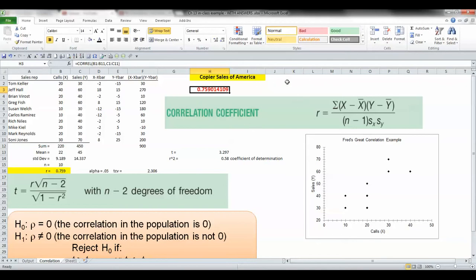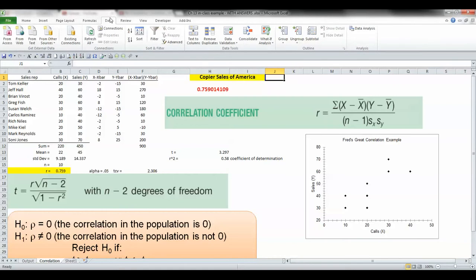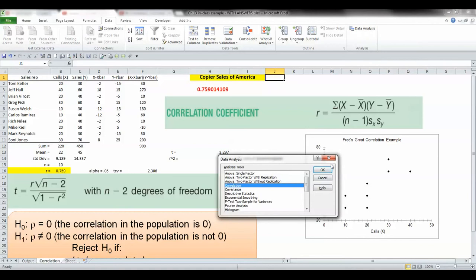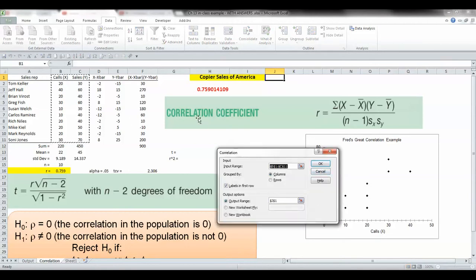Now, another simpler way to do that is if we have the Data Analysis ToolPak installed, we go to the Data tab on our ribbon bar, go to Data Analysis, select Correlation, and here you have input range. You only have one entry.